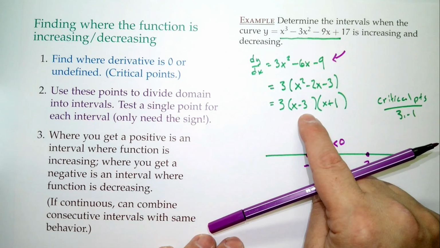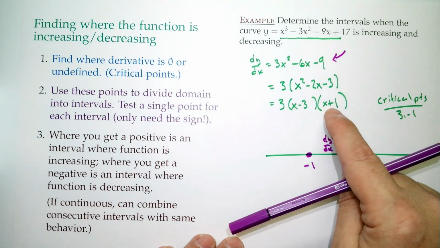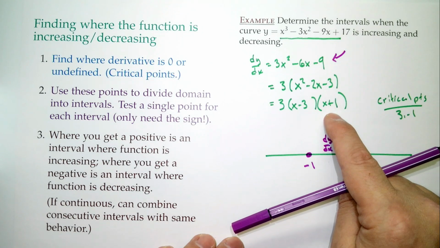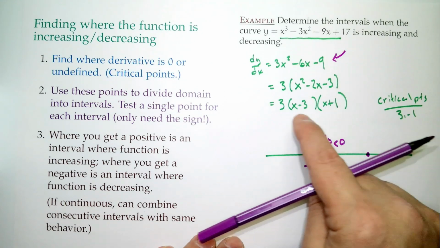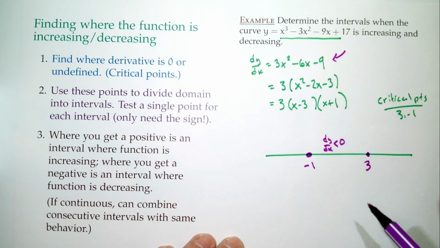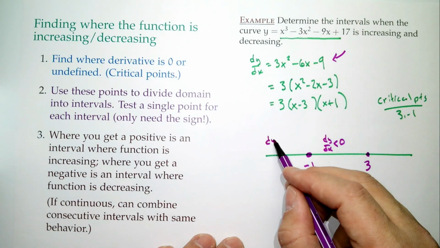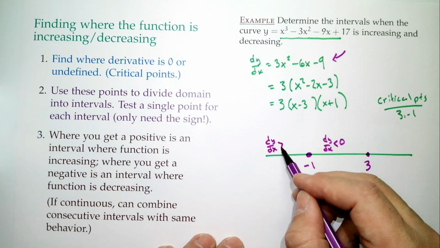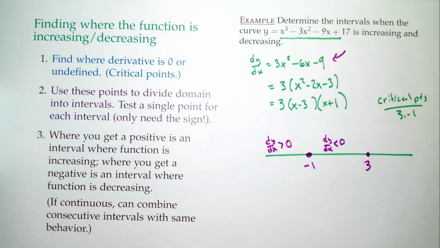Negative 2 times negative 3, is that positive or negative? Negative, because it'll be negative 5. Negative 2 plus 1? Negative. If I multiply all that together, positive times a negative gives me positive. So I can test a point, and I can see that my derivative is positive below negative 1.